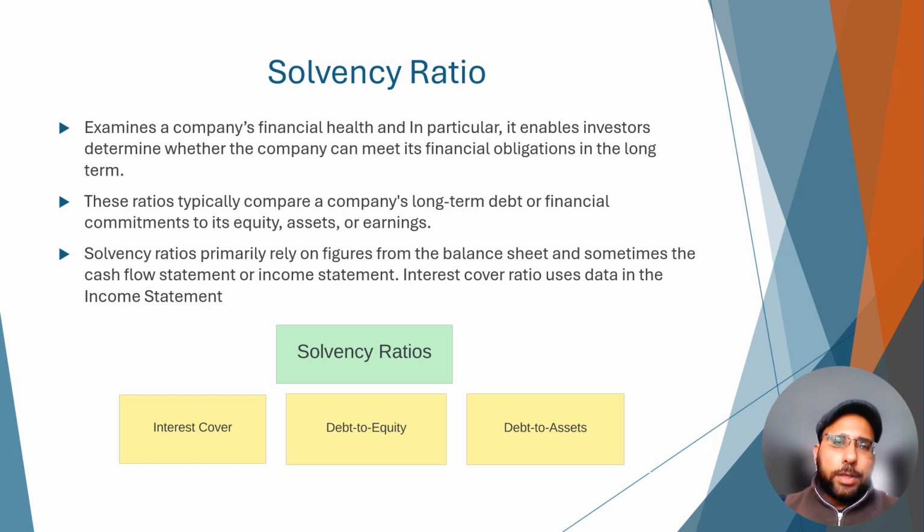One other way of looking at the ratios is to really identify companies that are not necessarily in distress now, but can face further distress. It does act as a good early warning sign for any form of financial trouble.